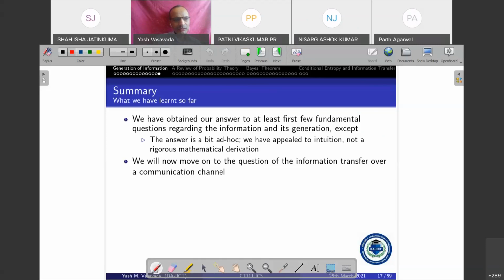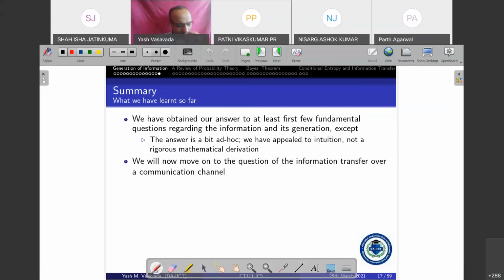We probably won't be looking at his mathematical justification in this course, but I want to impress upon you that what Shannon did was even deeper, and it had a mathematical basis. He justified this definition of information by using mathematical arguments, and that is something that I thought you should know.